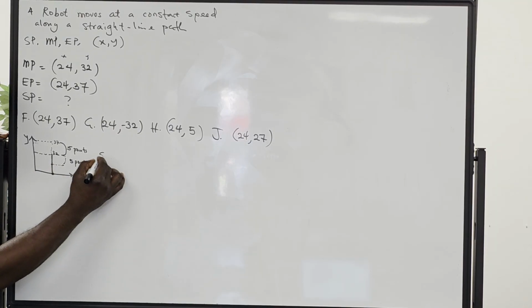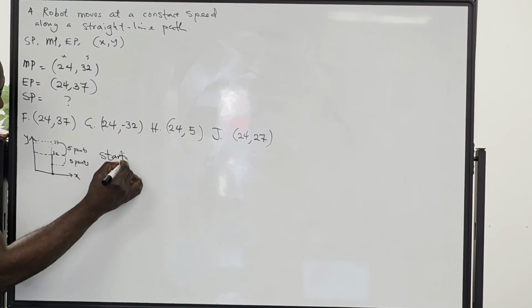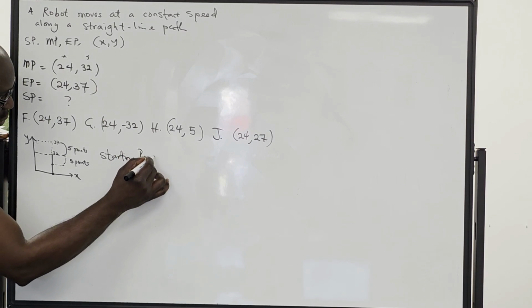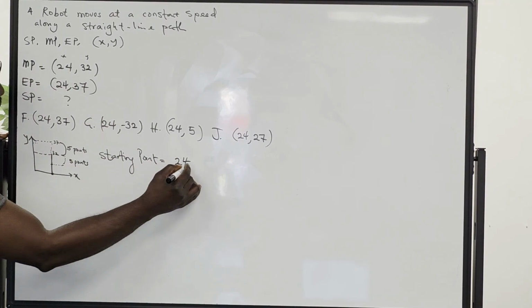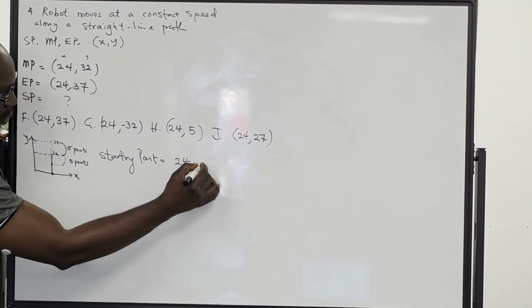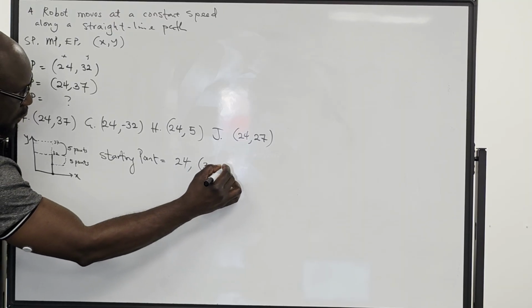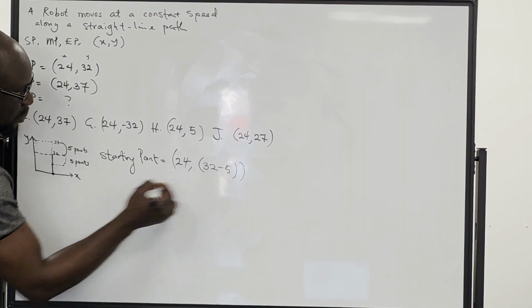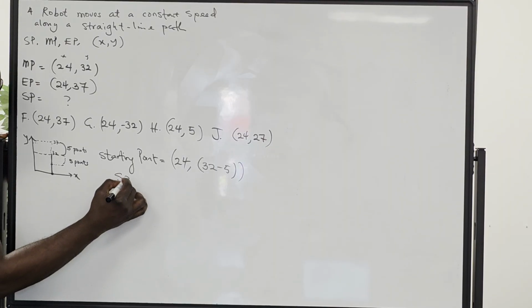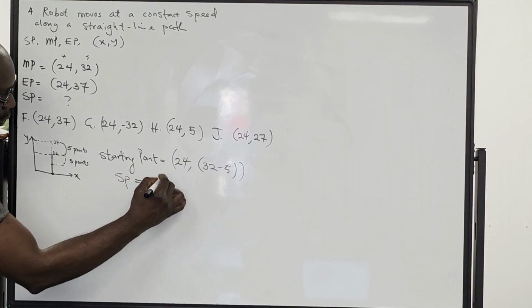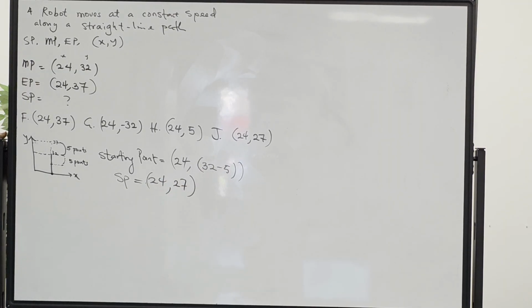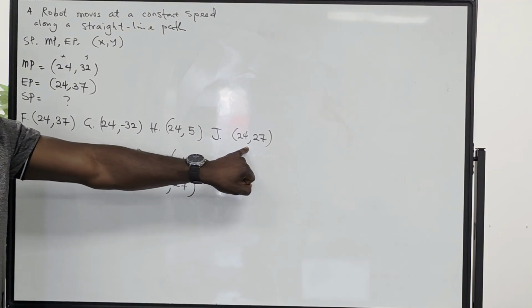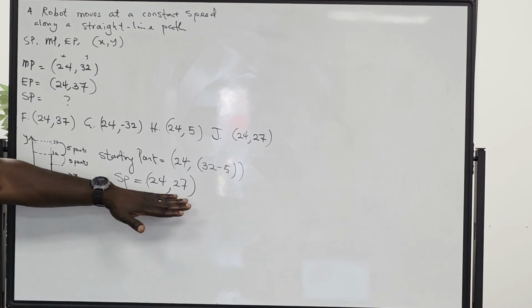So the starting point is 24, because it's not leaving that position, and 32 minus 5 is 27. So the starting point SP is 24, 27. That is option J. So that is the starting point.